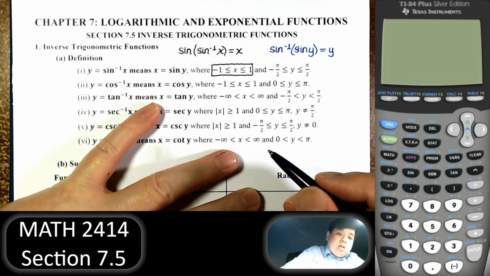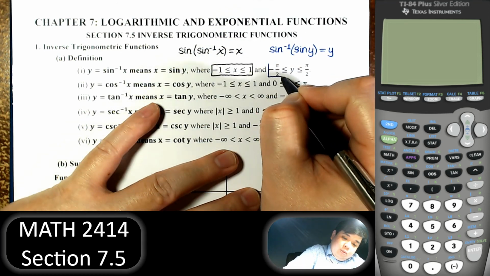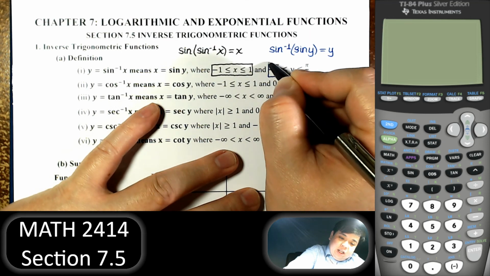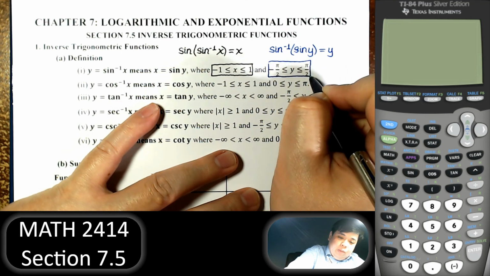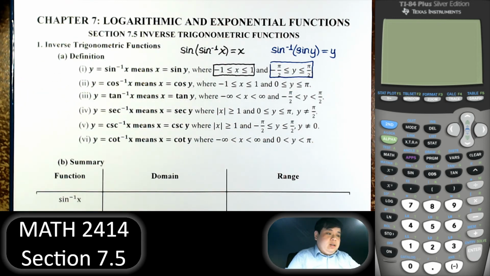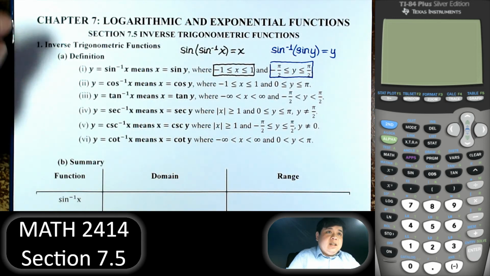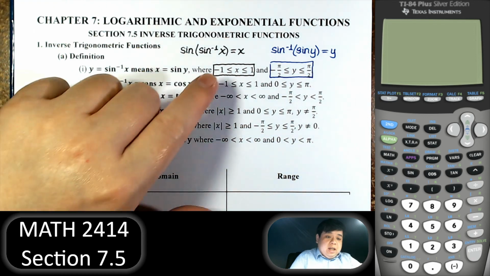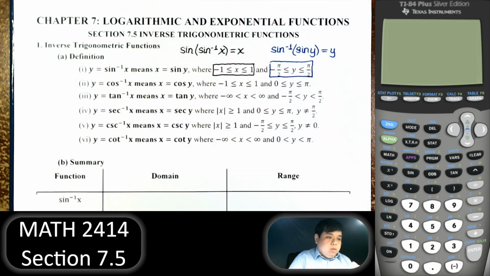It only works if y is between negative pi over 2 and pi over 2. So the domain and range are very important. If it is in those intervals, then the function and the function inverse cancel each other out.